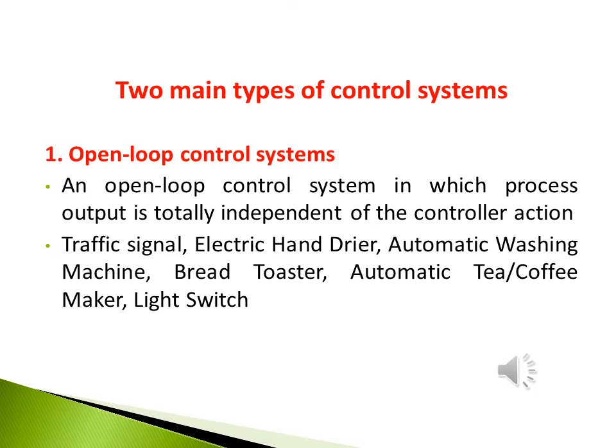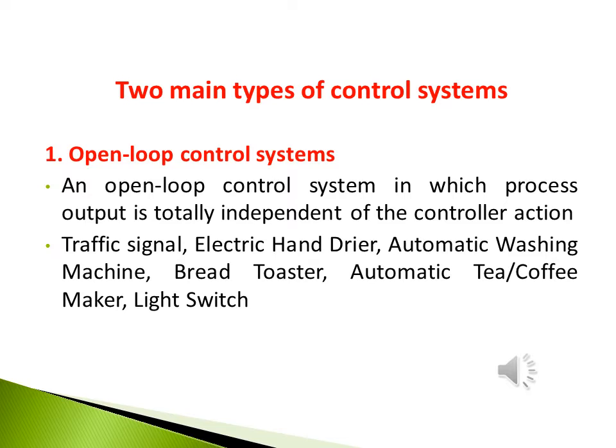One of the main classifications of control systems is open loop control systems and closed loop control systems. The first one is open loop control system. In an open loop control system, the output or the response of the process is independent of the controller action.